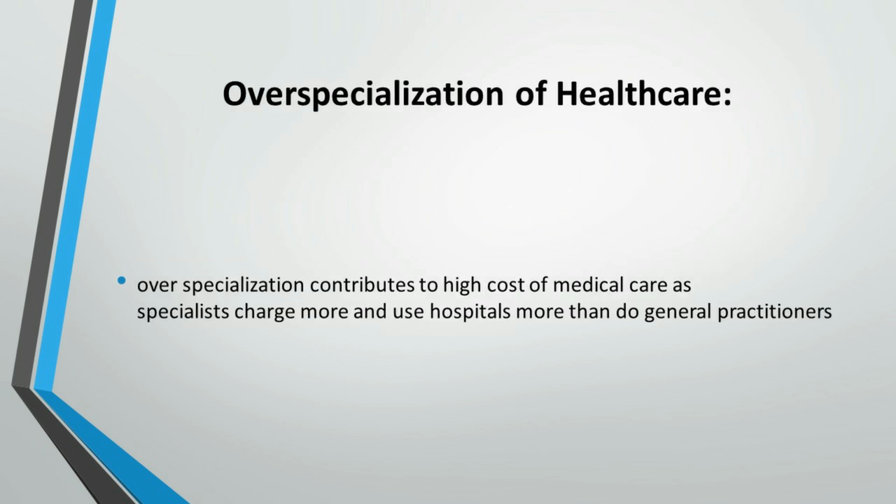Overspecialization contributes to the high cost of medical care, as specialists charge more and use hospitals more than do general practitioners. Family doctors constitute a small proportion of community physicians. Cardiologists, pediatricians, urologists, and other specialists are the dominant figures in the medical professions.